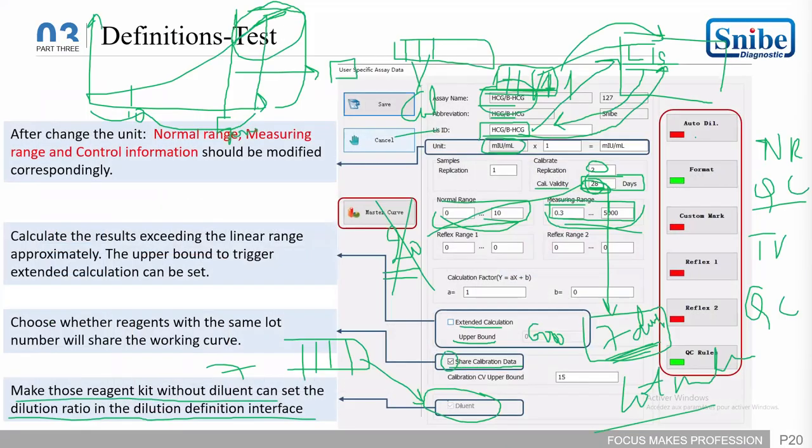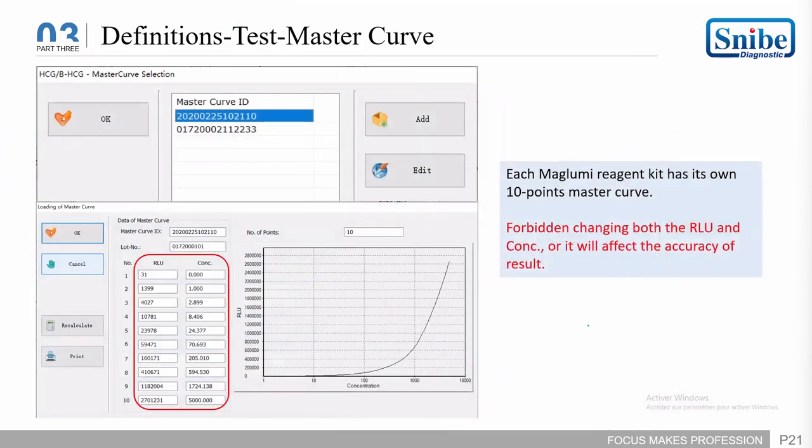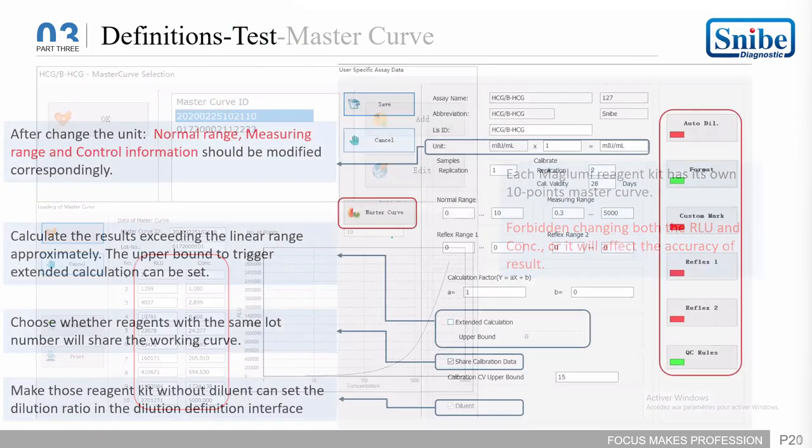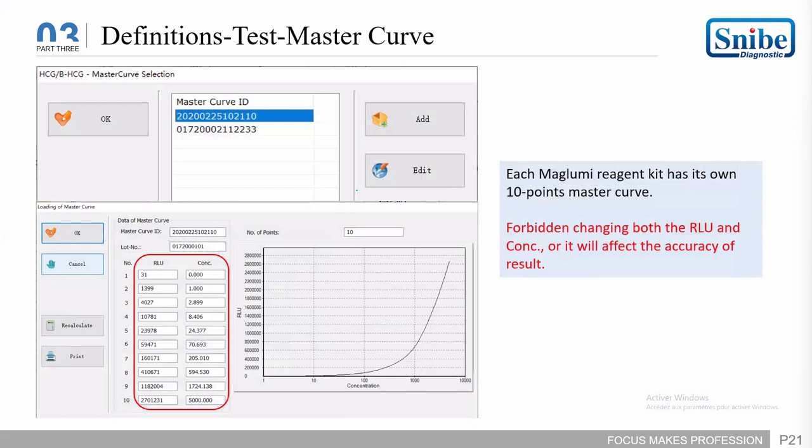Then on the right side, we have some other buttons: auto dilution, format, custom mark, reflex 1, reflex 2, and QC rules. Here we can see them one by one. And of course, we have the master curve here, so we can check the master curve for each parameter. The master curve for reagents from Snibe has 10 points.